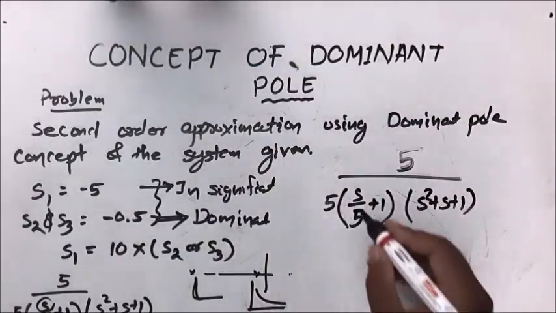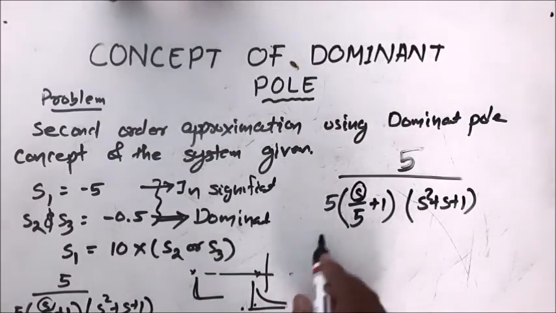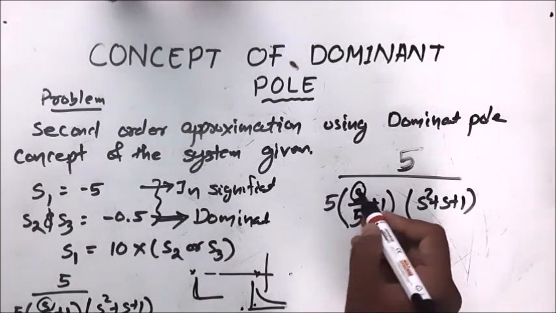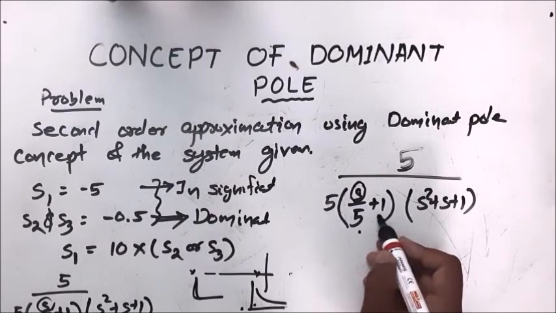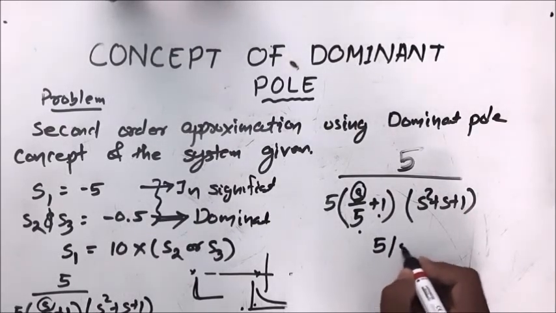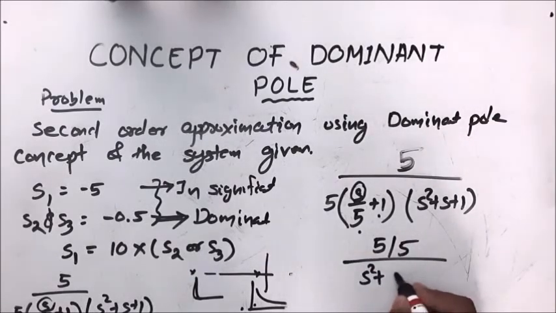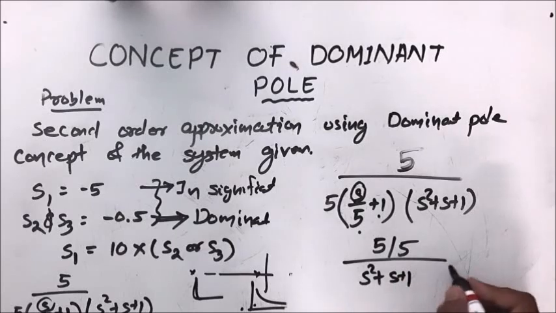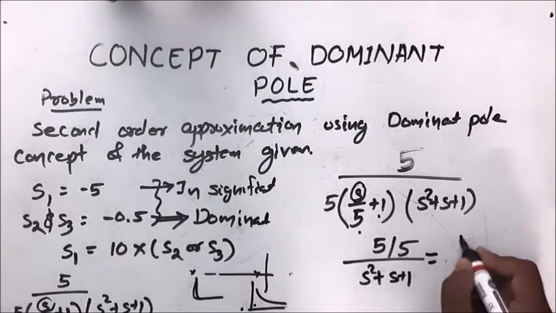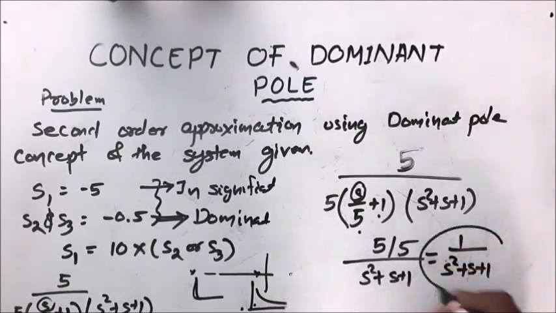So I need to make this 0, because I told you why I need to make this 0. Once I make this 0, 0 by something is equal to 0, plus 1 is 1. So ultimately I remain with 5 divided by 5 whole, divided by 1 into S square plus S plus 1, and this ultimately becomes 1 divided by S square plus S plus 1.